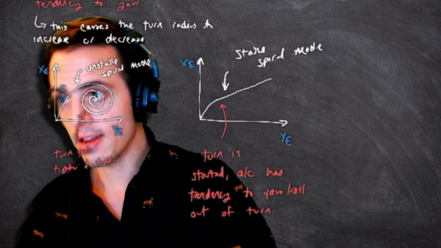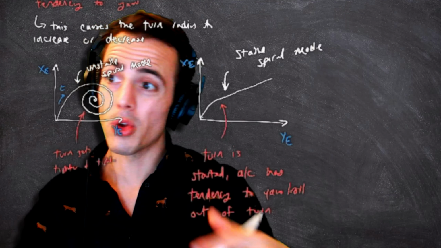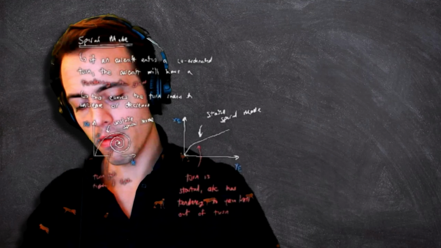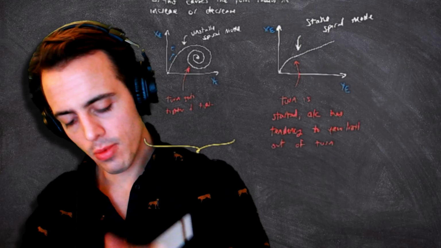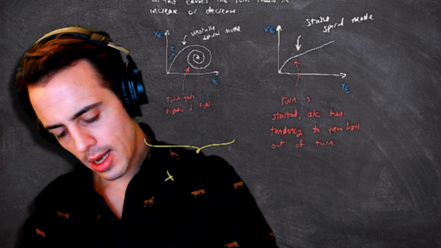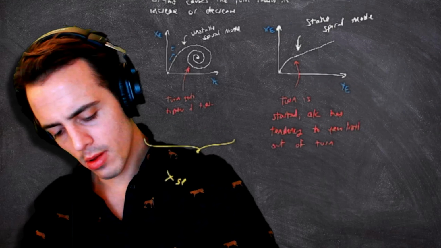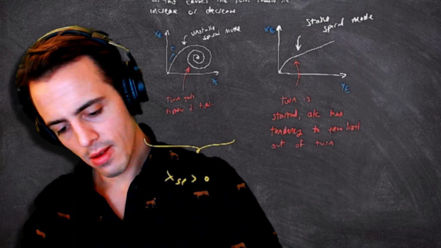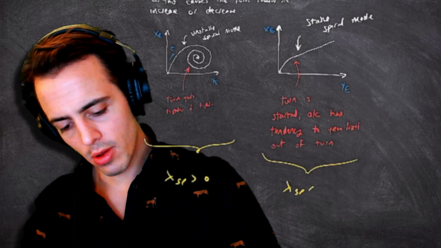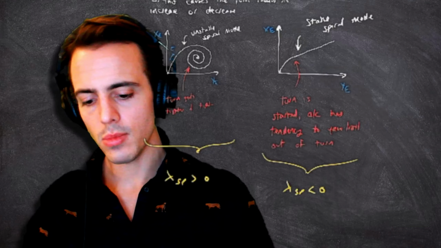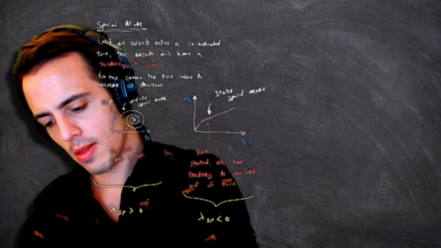In the stable case, the aircraft has a tendency to yaw and roll back out of that turn. So with these two here, this one would be given by lambda spiral positive. This one here would be given by lambda spiral negative. Okay, so this is what the spiral mode is.